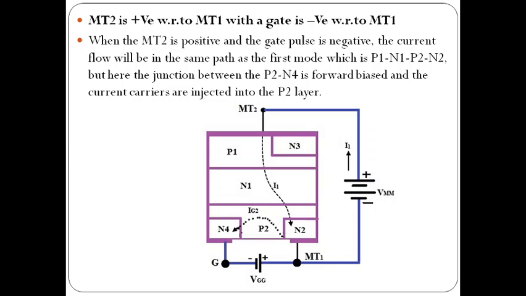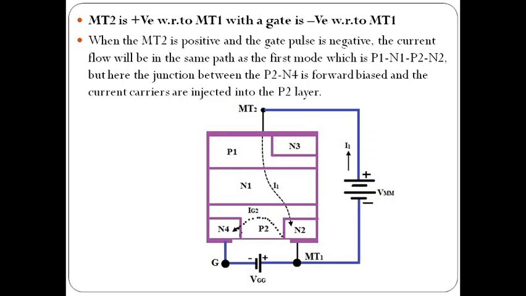The negative terminal of the battery is connected to the gate, so the N4 layer is activated. The charge carriers in the P2 will move into the N4 layer, so we can say the P2 N4 junction becomes forward biased. Due to the positive potential at MT2, the P1 layer will be activated.